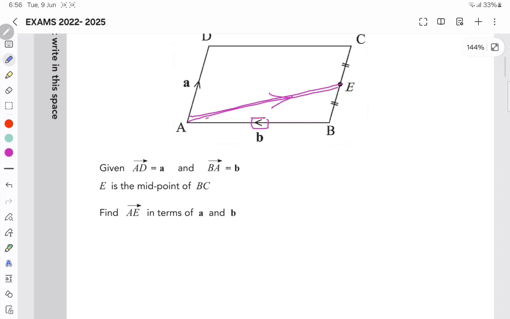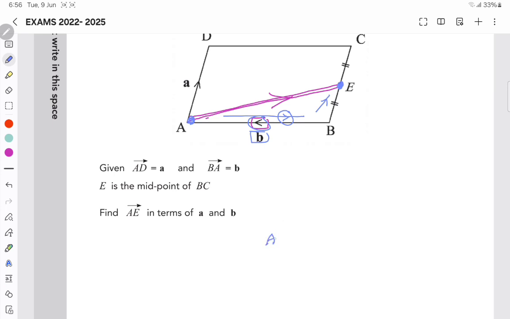We just work with the closed area. It's starting from here till here, and the rule is from the beginning of the first to the end of the last. Is that a closed area or not? Yes. So that has length b in the opposite direction, so it will be negative b.